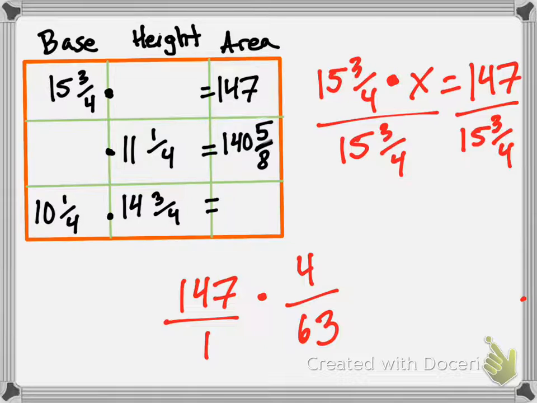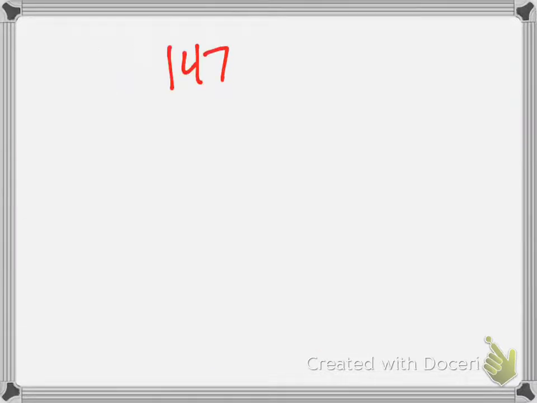I already know I can't cross-cancel 1 and 4 because it's already at a 1. But let's think about 147 and 63. There's all sorts of factors of these numbers. You could go down your factor list. For 147, we have the factors of 1 and 147. It's not even, so we don't have 2.